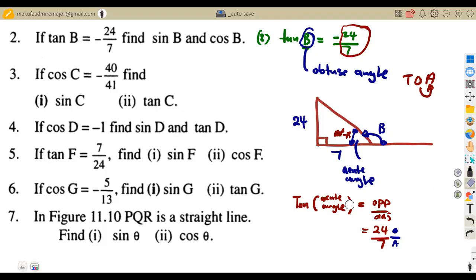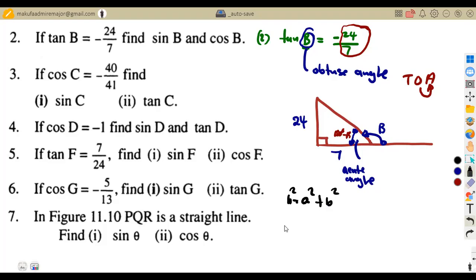So from which concept are we going to calculate the hypotenuse? That is where we go back to our Pythagoras theorem again. H squared is equal to A squared plus B squared, where hypotenuse squared is equal to 24 squared plus 7 squared. 24 squared is 576, plus 7 squared, which is 49.